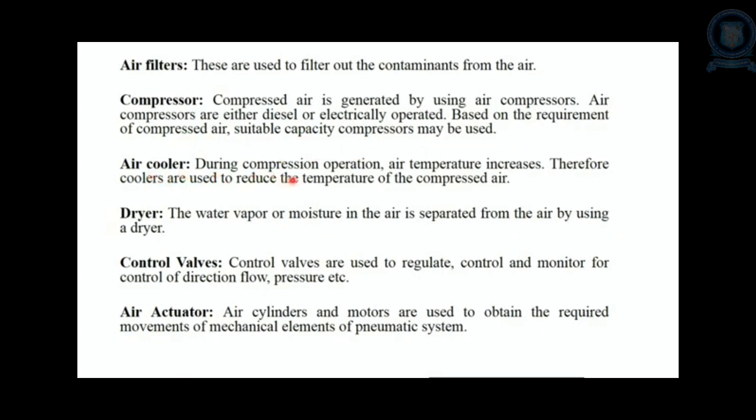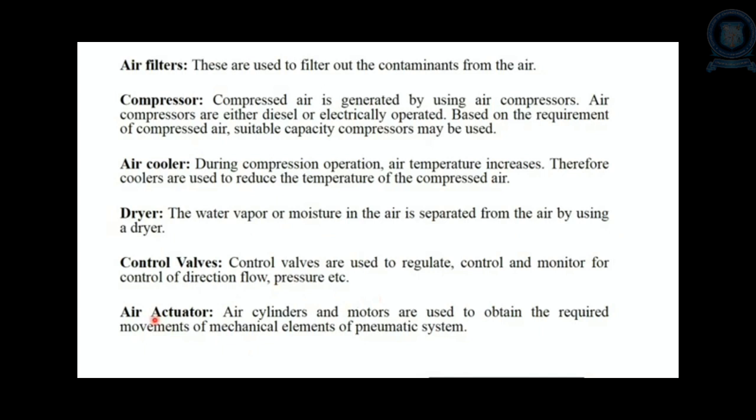During compression operation, air temperature increases. Therefore, coolers are used to reduce the temperature of the compressed air. Then dryer. The water vapor or moisture in the air is separated from the air by using the dryer. Then control valves. Control valves are used to regulate, control and monitor the direction of flow, pressure, etc.